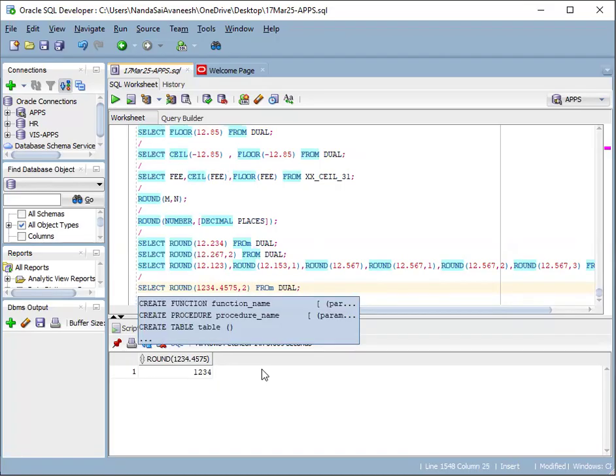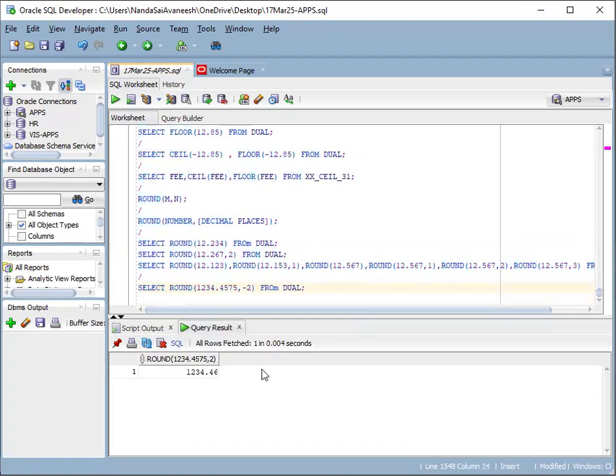If it is negative, then it completely removes the decimal point and makes the precision value, the ones, tens, hundreds values, zeros.